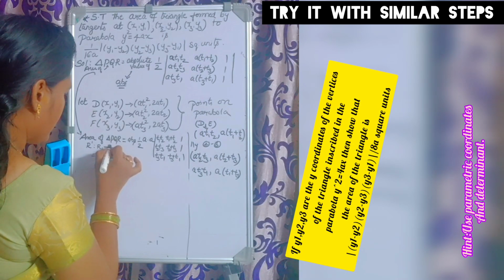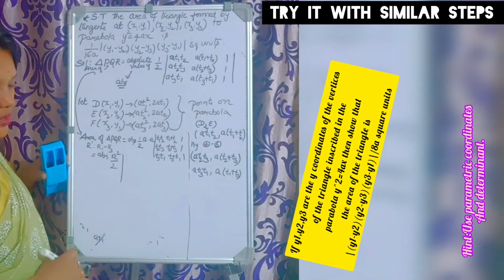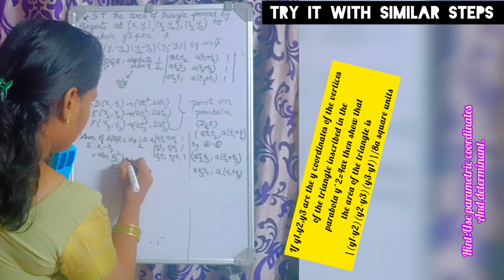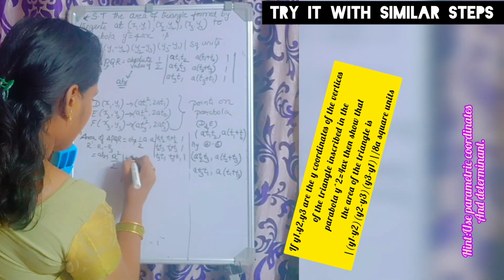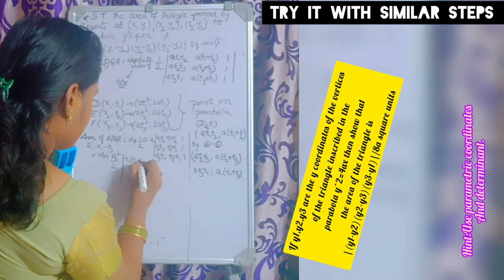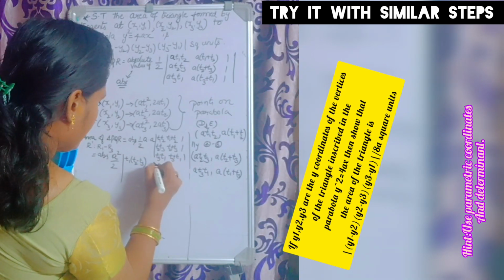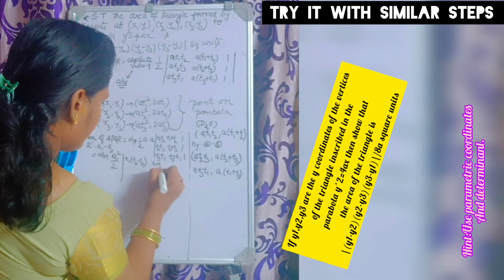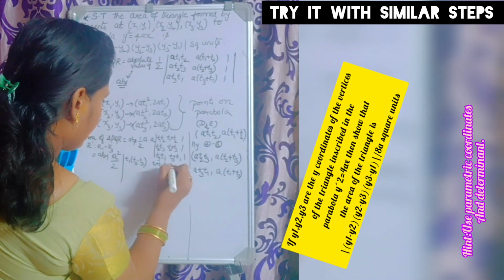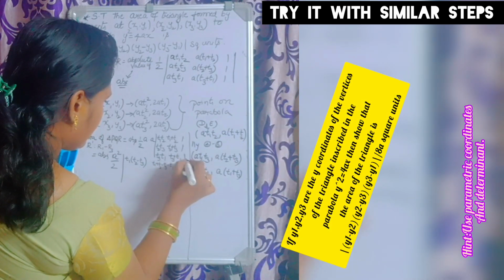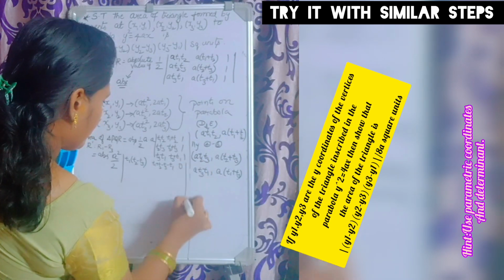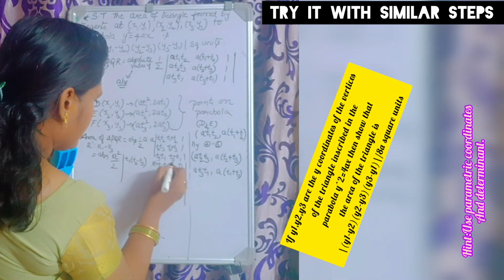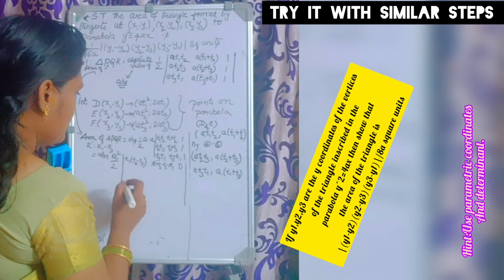as R1 minus R3. Okay, that implies t1 common, t2 minus t3, and here t1 plus t2 minus t3 minus t1. Here anyway 1 minus 1 will be 0, right? This gets cancelled. Okay.